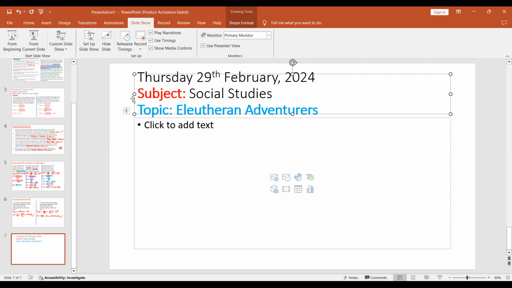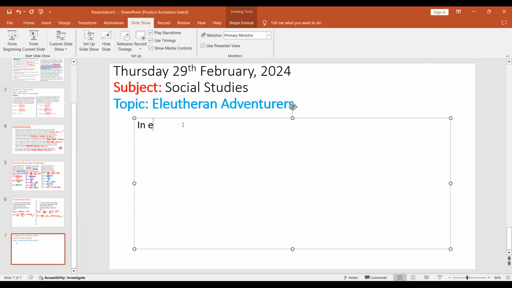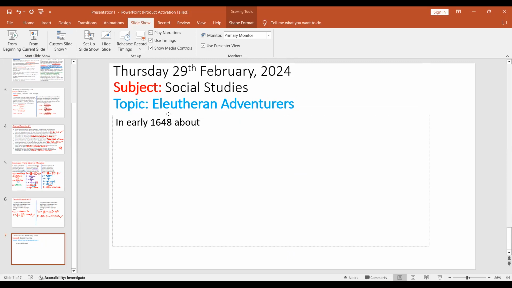How many people were a part of the Eleutheran Adventurers journey when they first set sail in 1648? Can you guess? There weren't a lot of them. 2000? No, not all that. 800?